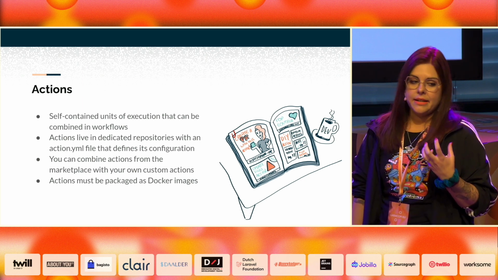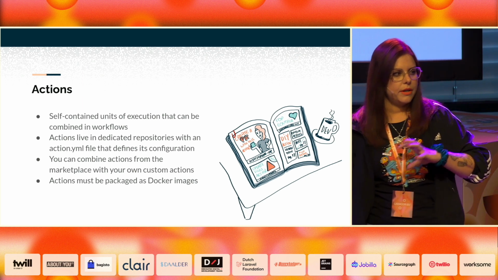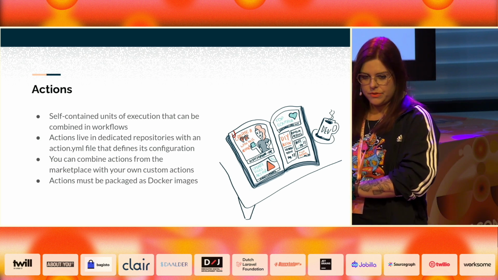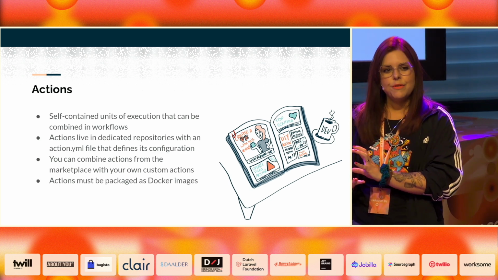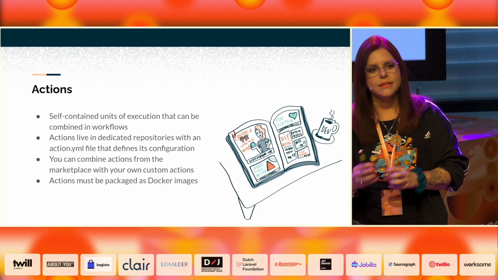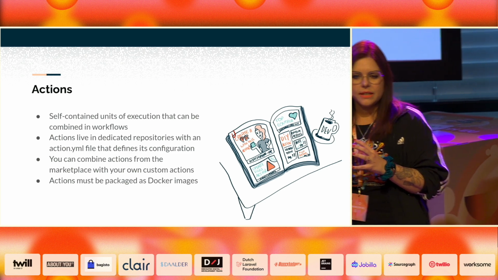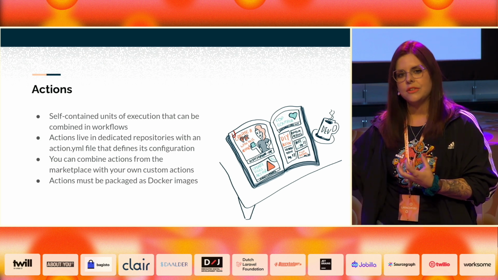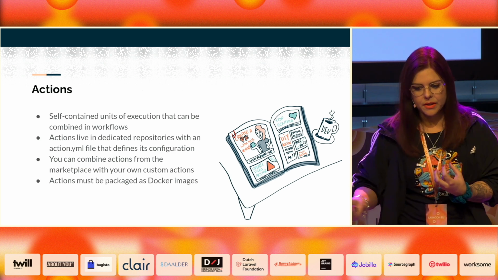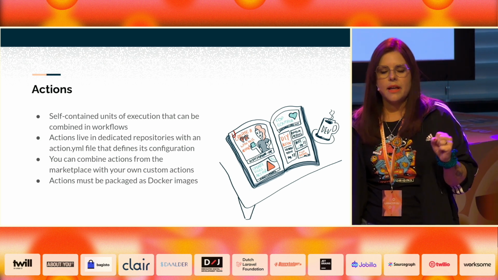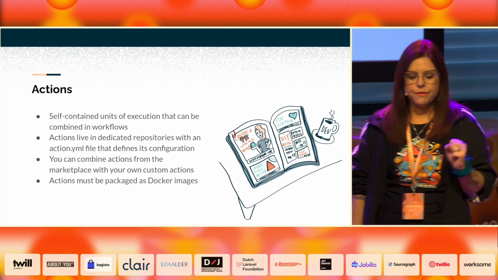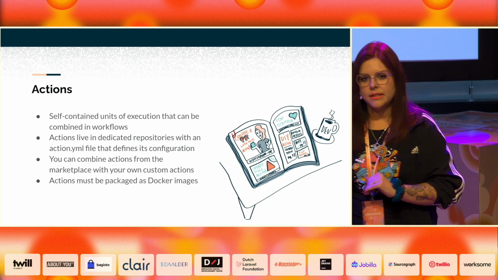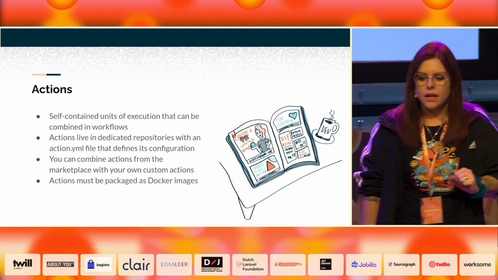They live in dedicated repositories. So if you're going to build a GitHub action, it should live on its own repository. It can live together with an application, but you can also create a repository only with the action itself and installing the application that lives somewhere else. Actions have an action.yml file that defines the configuration for that action, and we're going to see the example later.